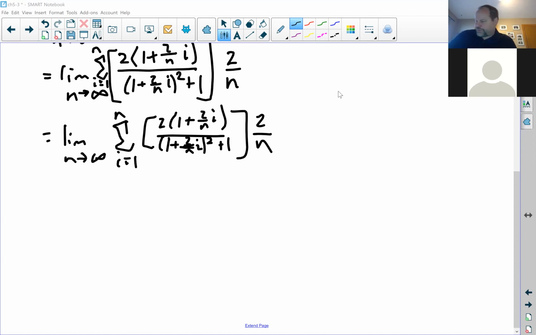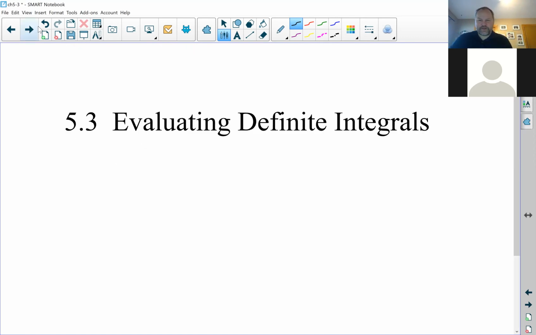So any other questions on either 5.1 or 5.2? In 5.1 and 5.2, we used ways to estimate to find integrals or area between the x-axis and a curve.